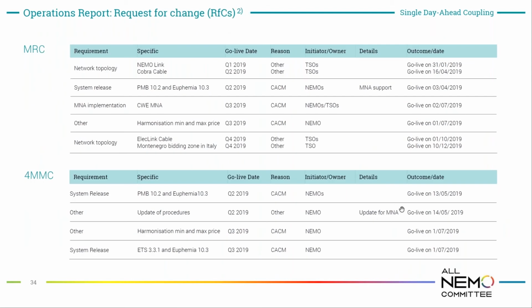Those are the requests for changes that were implemented for the two clouds. The most important for 2019 are the system release of the FMIA 10.3, the first one delivering the multi-NEMO capacity to the algorithm, and the M&A implementation in CWE.